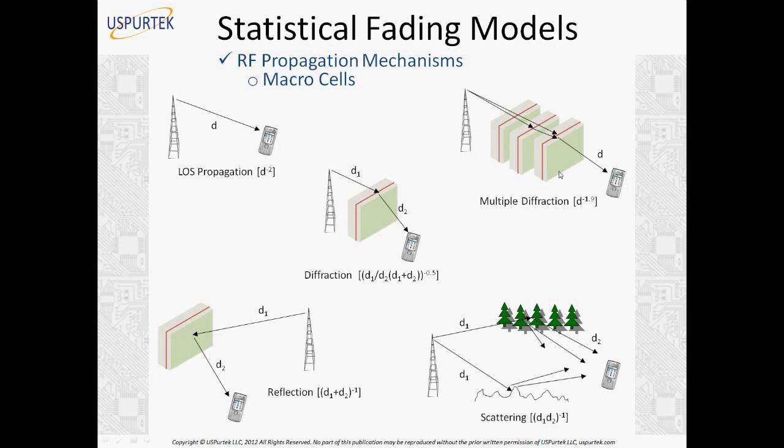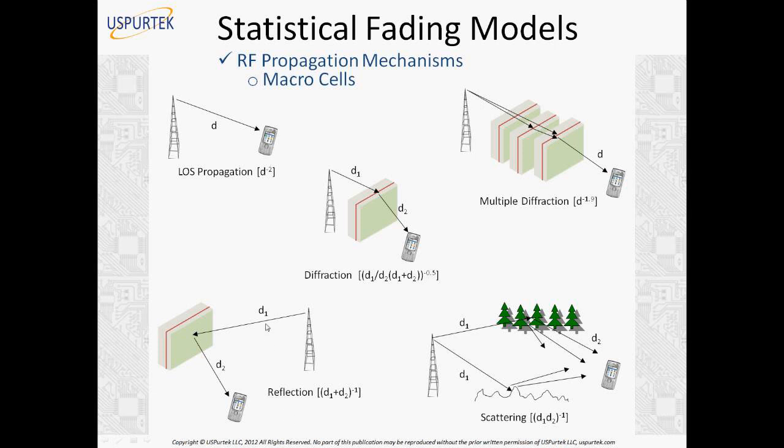In multiple diffraction, you have multiple rows of buildings, which is quite a common situation in any metroplex. There you could have multiple diffracted signals, and here the behavior is d to the exponent minus 1.9, where d is the distance from the edge of the nearest building to the handset.